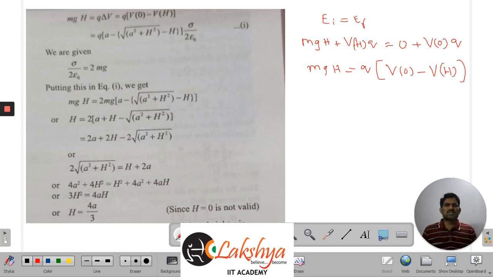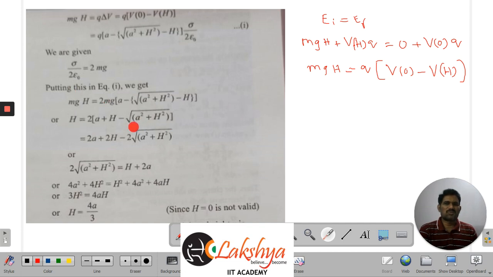So that equation they are writing directly here, or we can also write it in our general way like this and substitute the values of V naught and V of h. The given relation in our problem is sigma by 2 epsilon naught is equal to 2 mg. You can substitute that value here. So this mg will be cancelled on both sides.